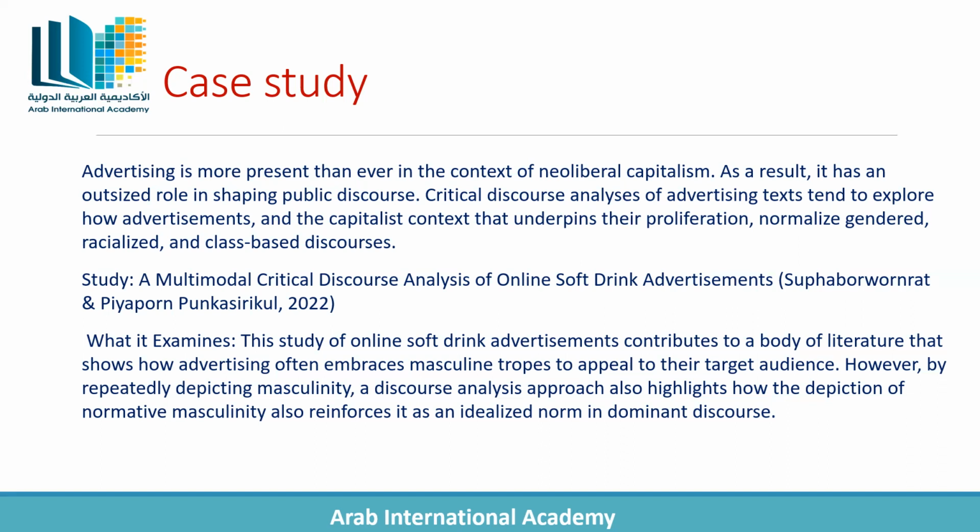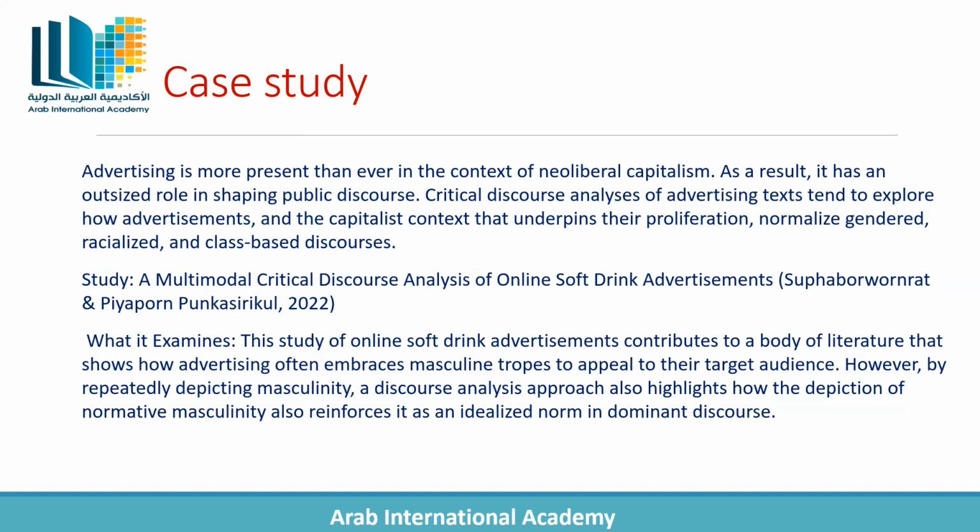Take a study that looked at online soft drink ads. By studying these ads closely, researchers found that they often use images and ideas that connect with certain groups. For example, some ads may use ideas of being tough to appeal to guys, to men. But here's the twist.